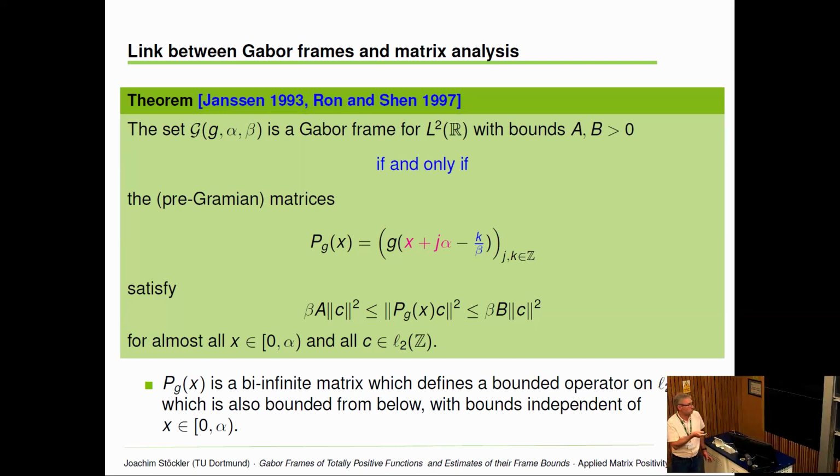That's what people tell me in functional analysis: closed range operators are these bounded below operators, meaning there's a lower bound A greater than 0 which satisfies this condition. So this is a bi-infinite matrix acting on l2 sequences. I can restrict my analysis to an interval of periodicity, because changing x with a period of alpha doesn't change the matrix, it just renumbers the rows, that's all.